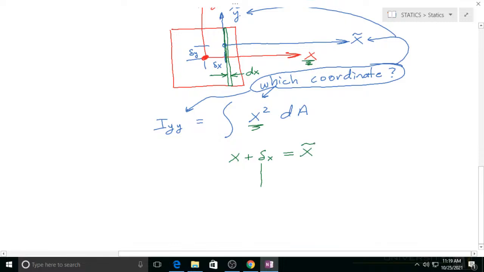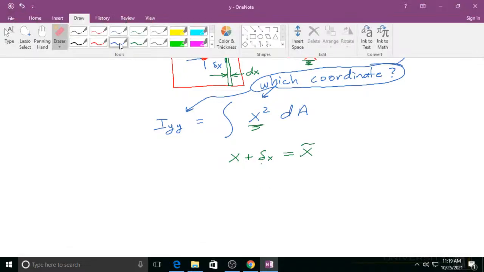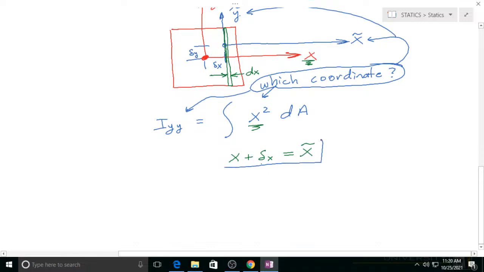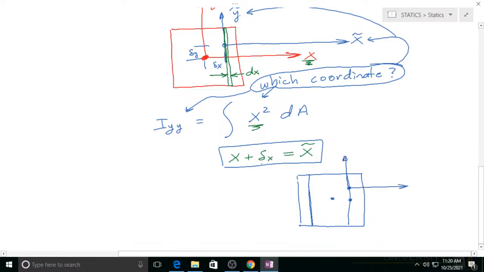In other words, if I'm looking at any particular location, case in point, let's say I'm looking at a stripe right here, a line that's vertical right here, and I have a coordinate system sitting here like this.